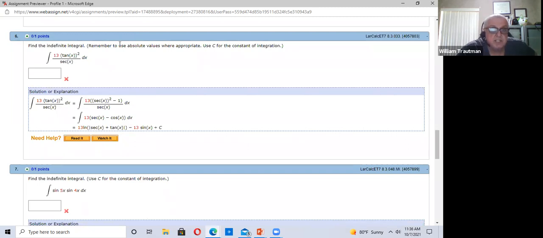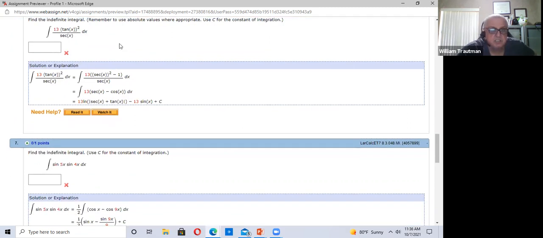Once again, the tangent is even, so you're going to change it to a secant, so everything is the same, and then it just divides out really easily.